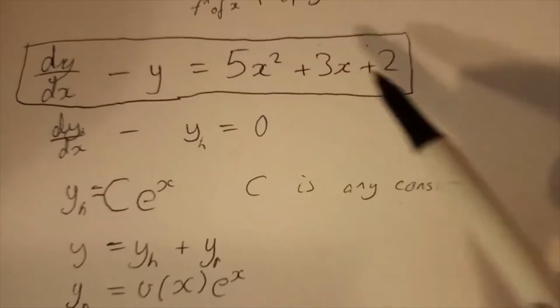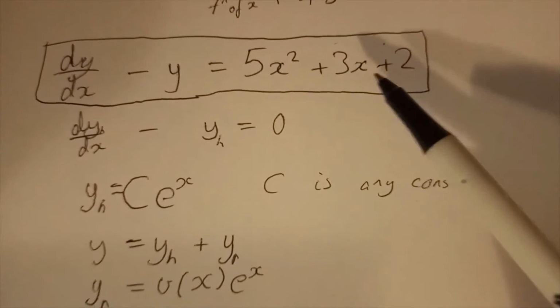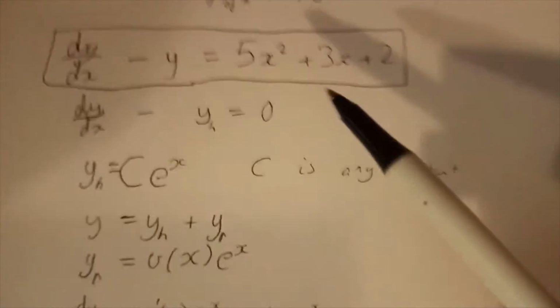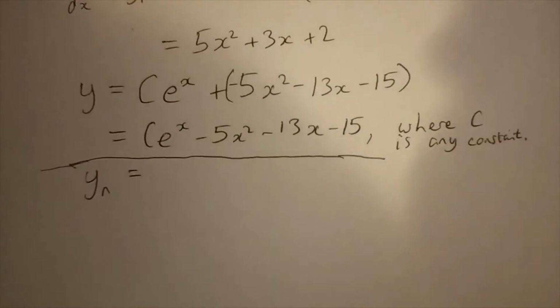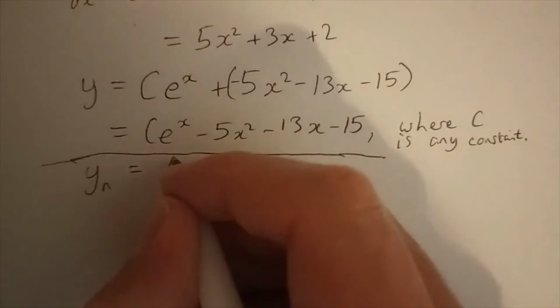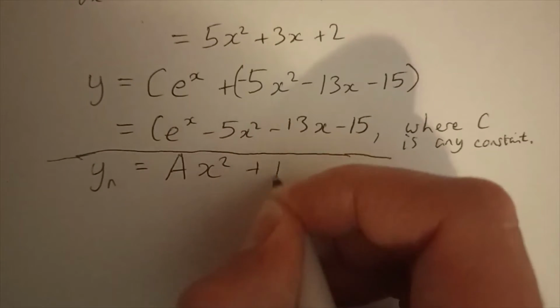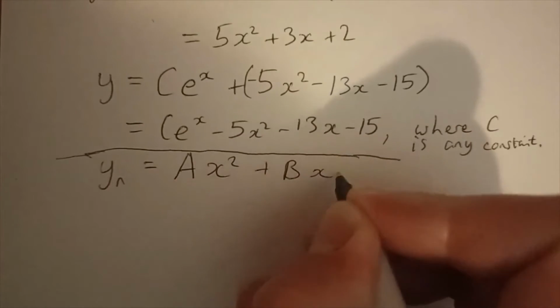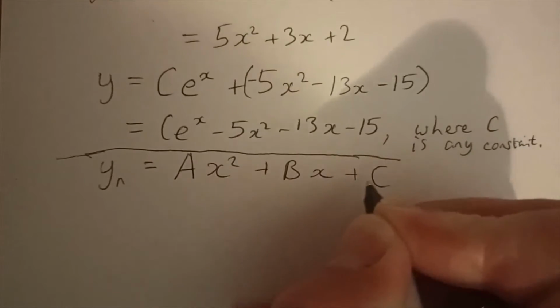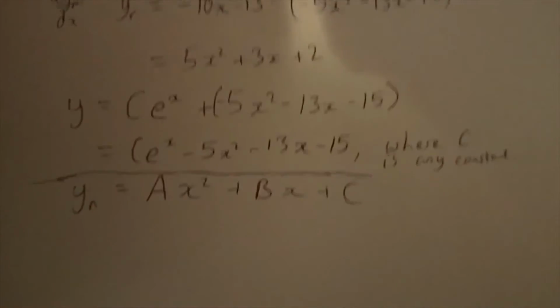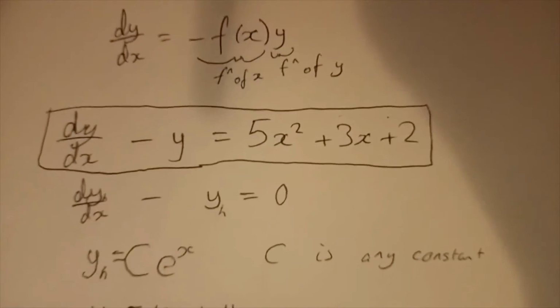Now you can see that the right hand side of this equation is a quadratic. So we'll look for a particular solution that is a quadratic. And then we substitute this particular solution back into our differential equation.